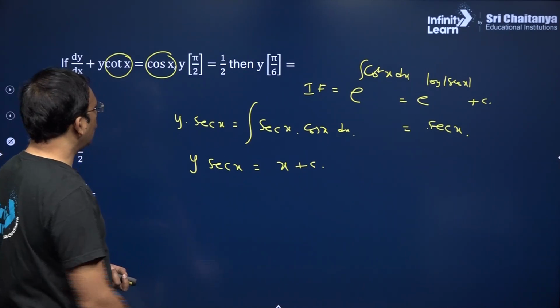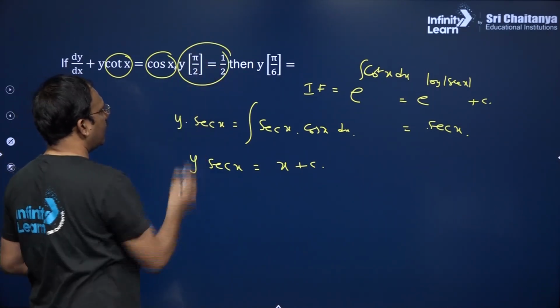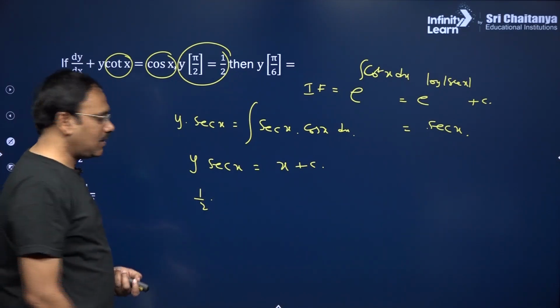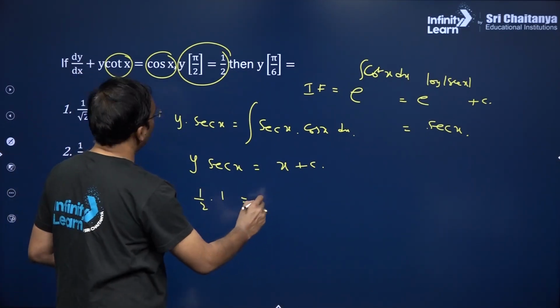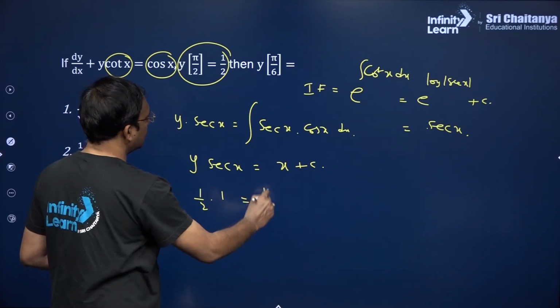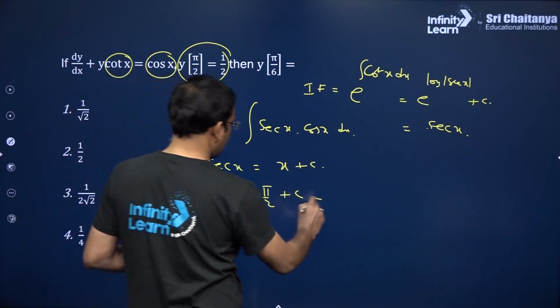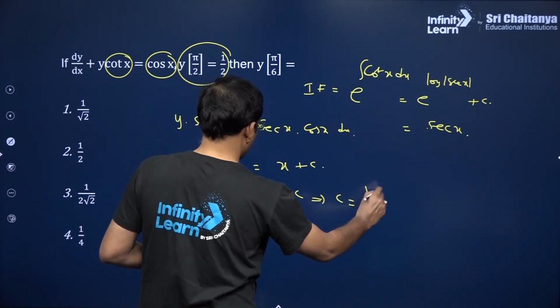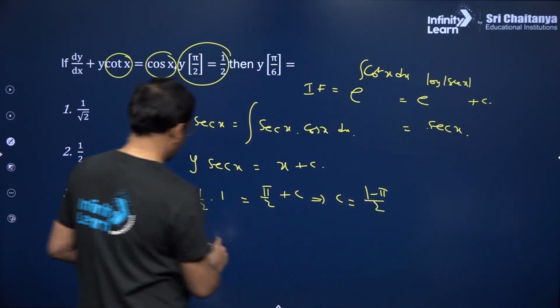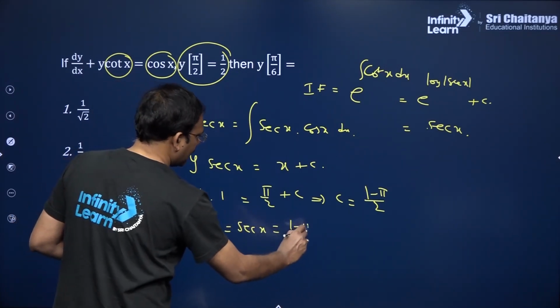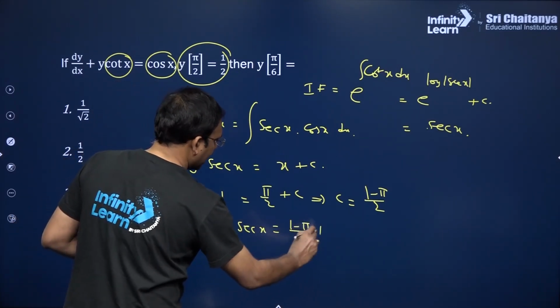So now to find c, given at x is pi by 2, it is 1 by 2, so 1 by 2 and secant pi by 2 is equal to x is pi by 2 plus c, my dear friends. So you can say here c is going to be 1 minus pi by 2. So finally y is equal to secant x plus 1 minus pi by 2 plus x it is.